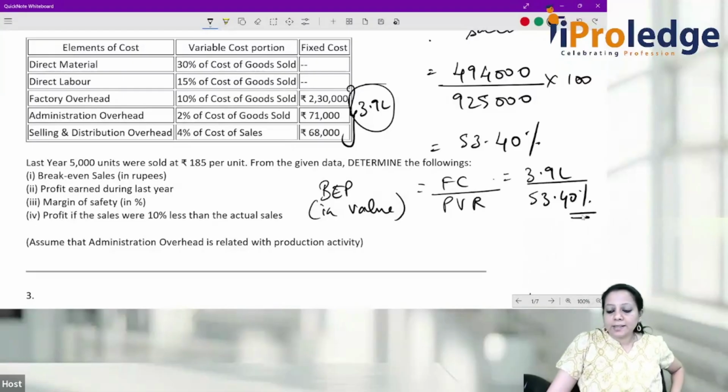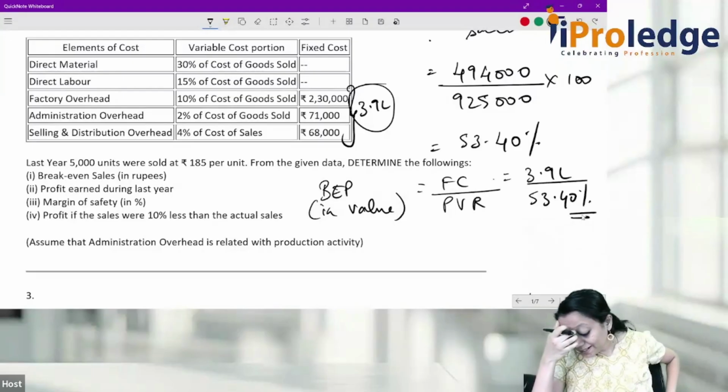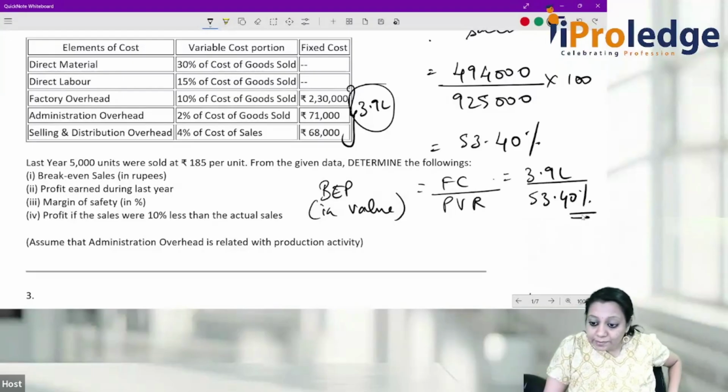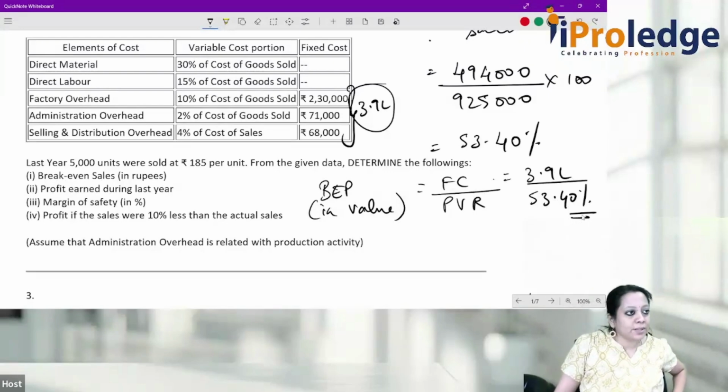Again, I'm underlining. Simple, but many students are missing that percentage in the denominator. 3,90,000 divided by 53.40 percentage is 7,30,337. Am I correct, students?